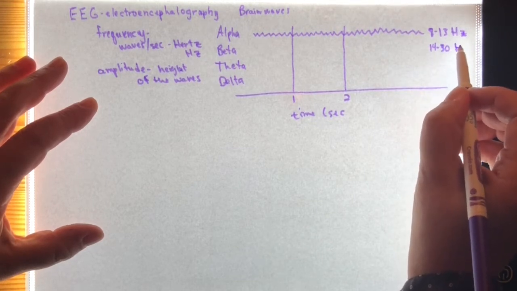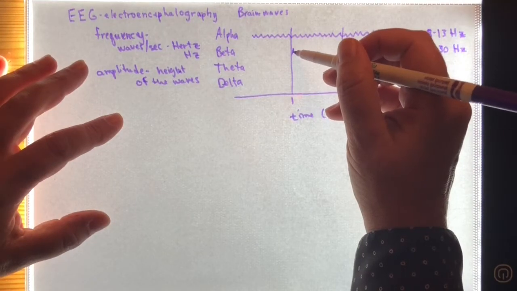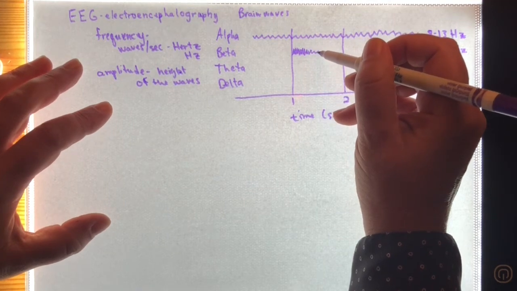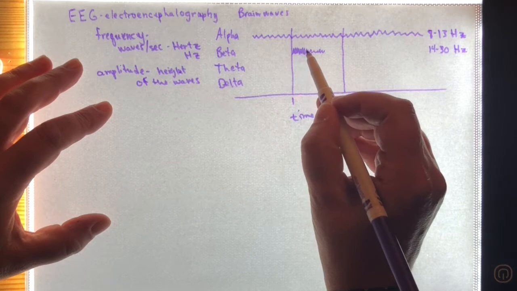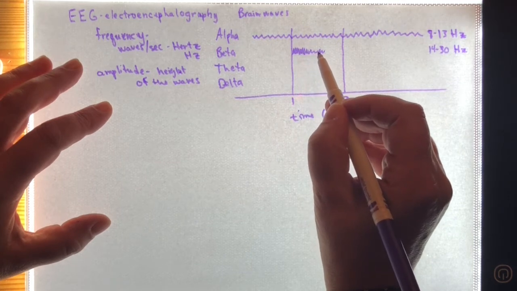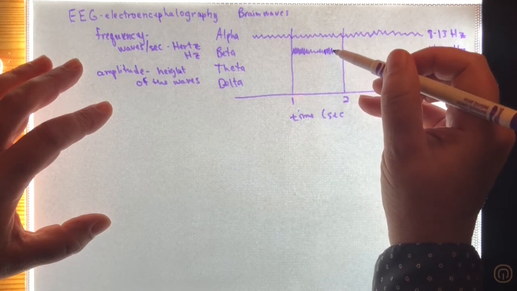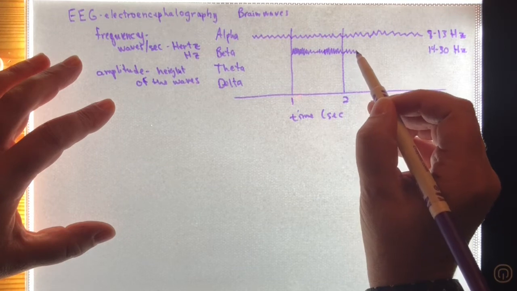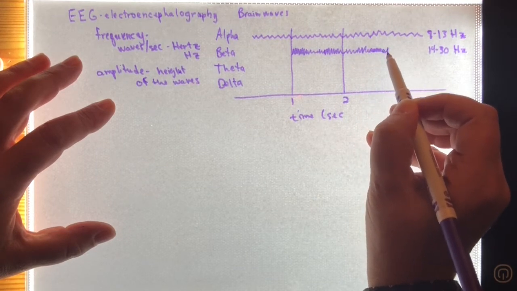Beta waves are our highest level of thinking. Whereas alpha waves tend to be synchronous and kind of all the same, beta waves are a little more exciting than that. This is when you have your highest level of cognition, when you are very alert and awake and really paying attention to something and focusing on it. This is 14 to 30 hertz, so 14 to 30 waves per second. So I made sure to get about 20 waves in there so that we're in range, and then we just go ahead and fill in the rest of them.